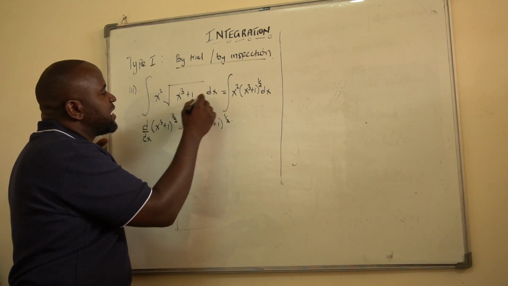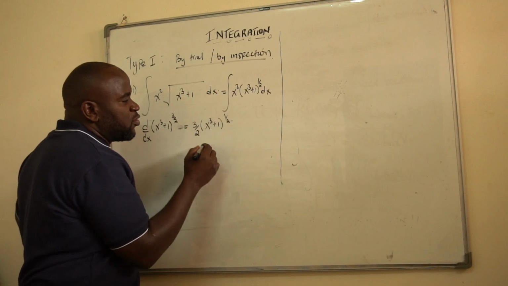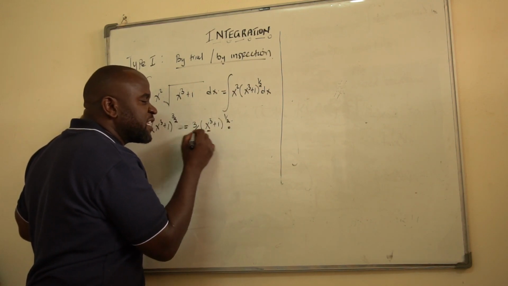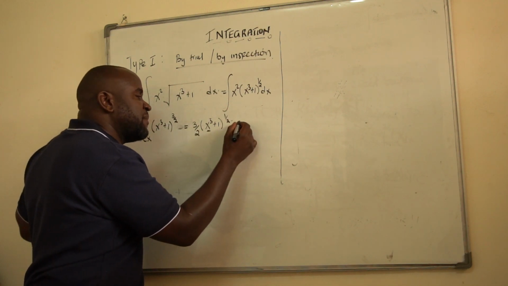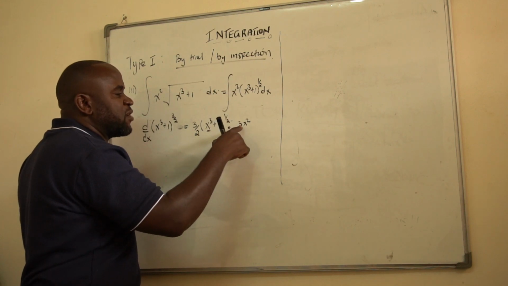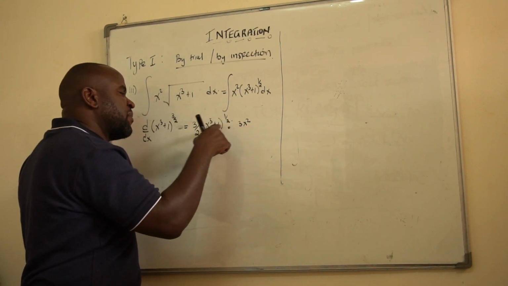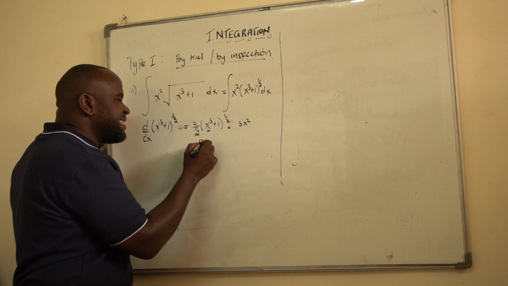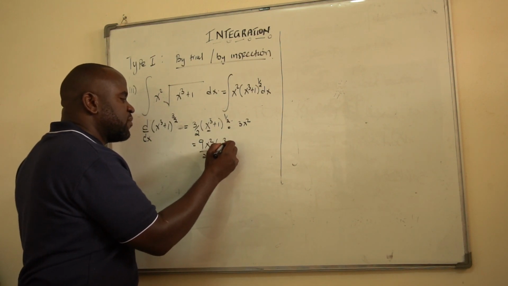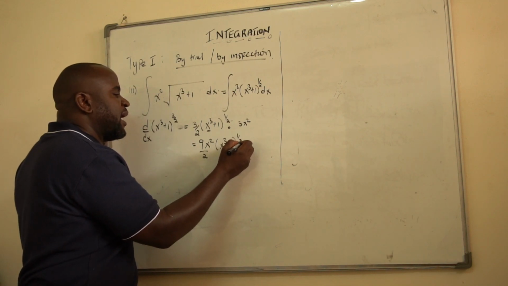Before I can go to the design of the question, after differentiating the power, you have to also differentiate the inside term. The inside term is 3x squared. So when I differentiate x cubed, my result is 3x squared. So when I multiply these two, I'll realize 9x squared over 2 into x cubed plus 1 to the power of a half.